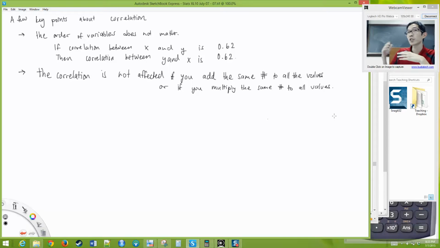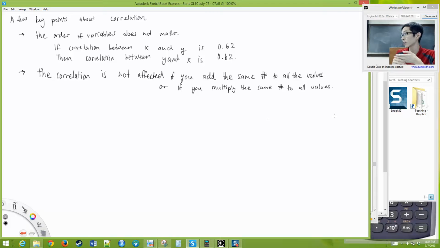If we converted all of the temperatures from Fahrenheit to Celsius, that involves multiplication and adding, okay? I think you subtract 32 from all of the numbers, and then you multiply it by 5/9. That's how you convert from Fahrenheit to Celsius. So we're adding or subtracting the same number to all of the Fahrenheit measures, and multiplying all of the numbers.